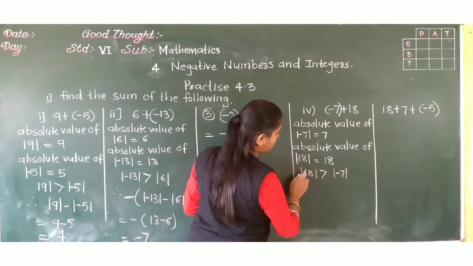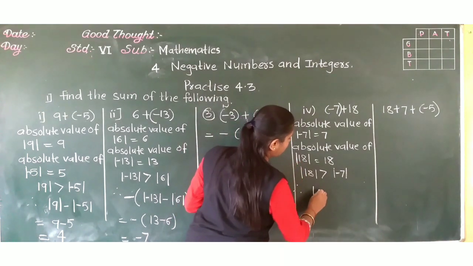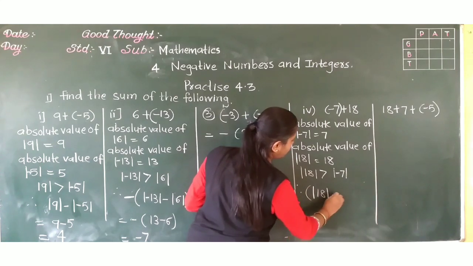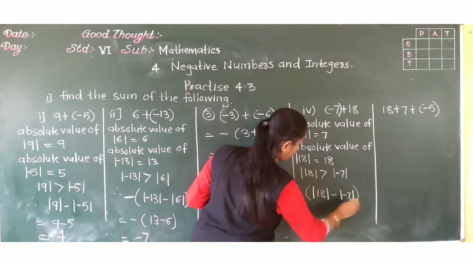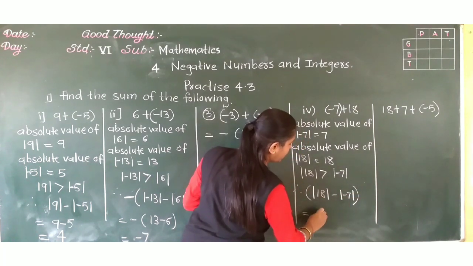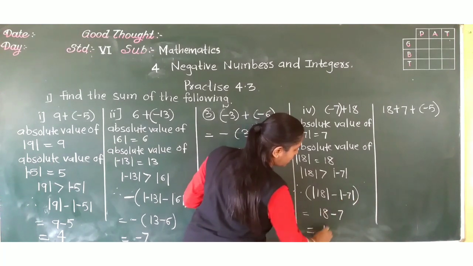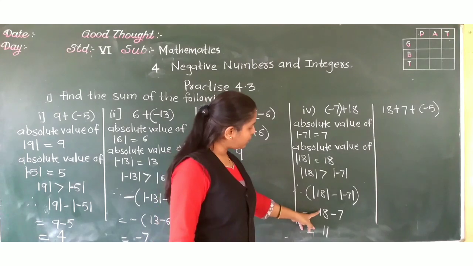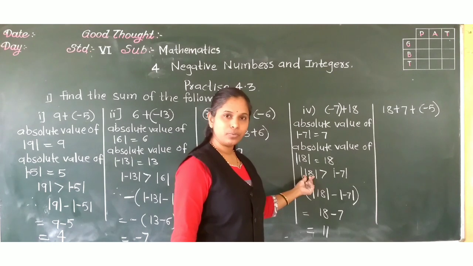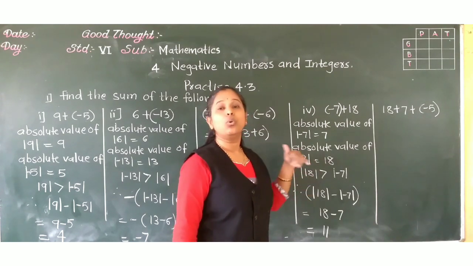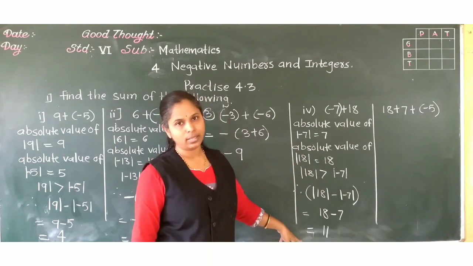Now 18 has which sign? Positive. So 18 minus 7 is how much? 11. And it has a positive sign. Why? Because 18 is positive. Whose absolute value is greater, that number's sign goes to the answer.